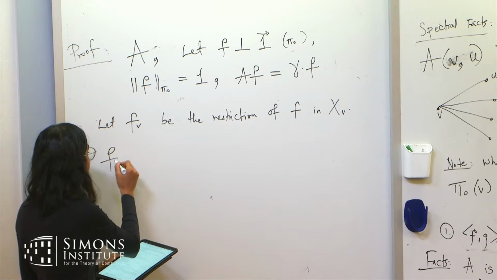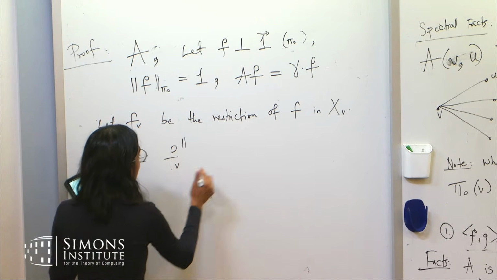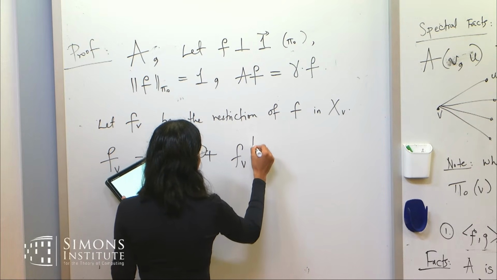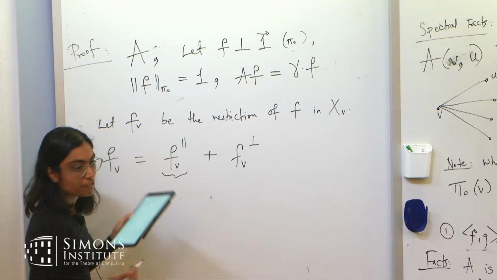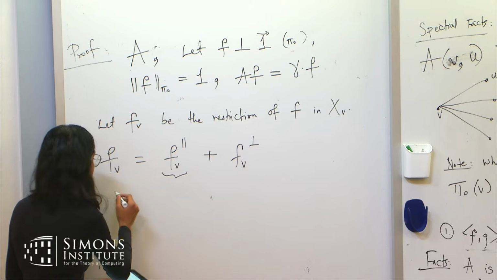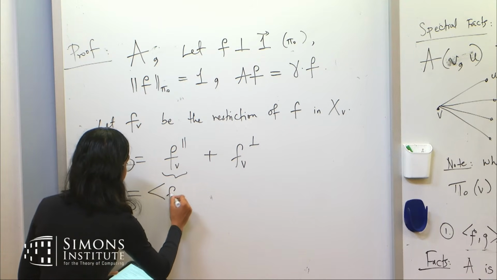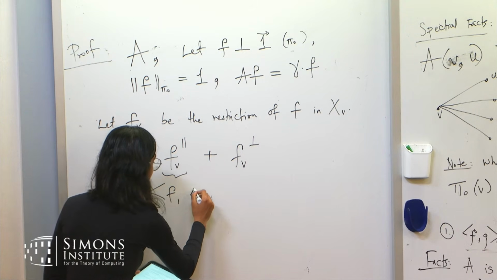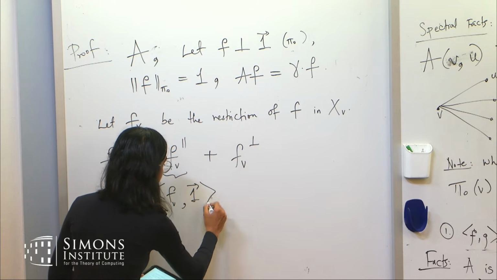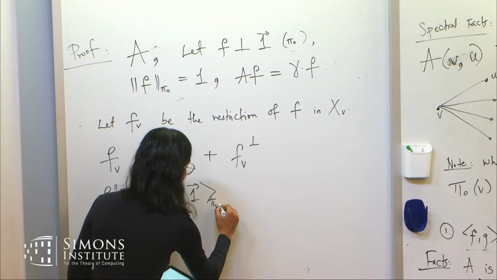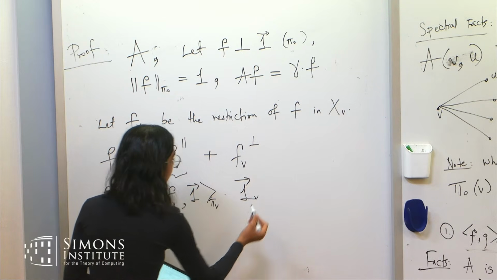So let's write FV as FV parallel plus FV perpendicular. And actually, we know what FV parallel is. It is just the inner product of FV with all ones, times all ones. This is again in the link of V.